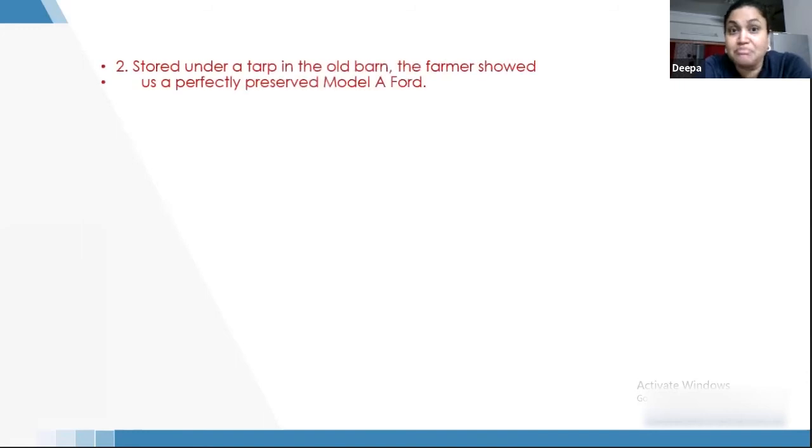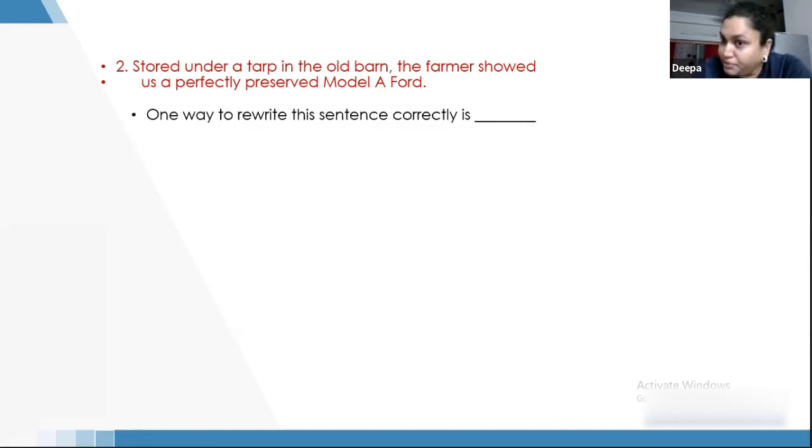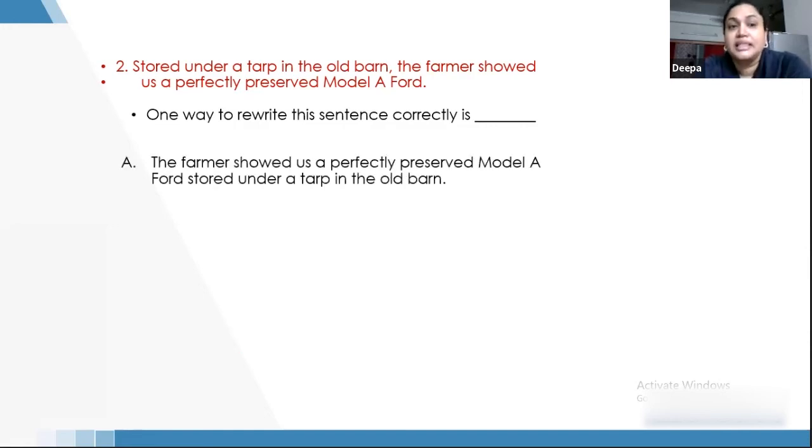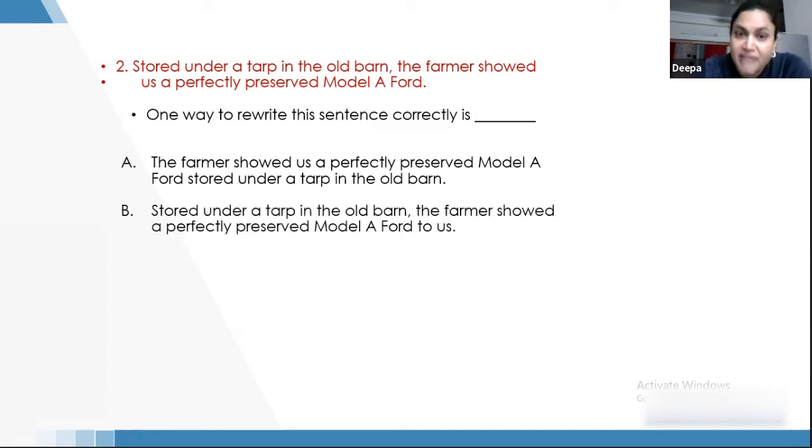It is basically a misplaced modifier. See, look at this. Stored under a tarp in the old barn, the farmer showed us a perfectly preserved Model A Ford. Let's see, one way to write this sentence correctly is, the farmer showed us a perfectly preserved Model A Ford stored under a tarp in the old barn. Stored under a tarp in the old barn, the farmer showed a perfectly preserved Model A Ford to us.